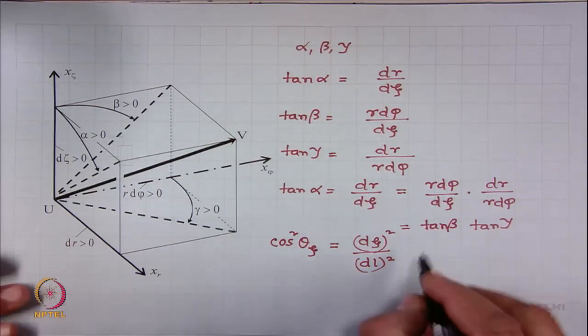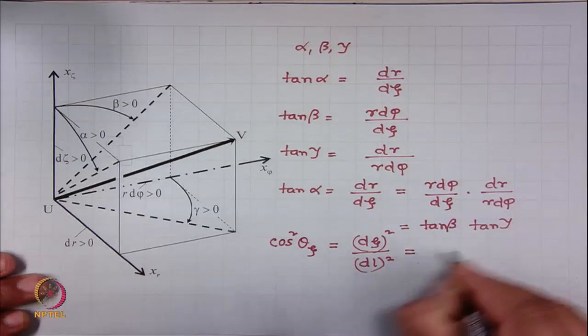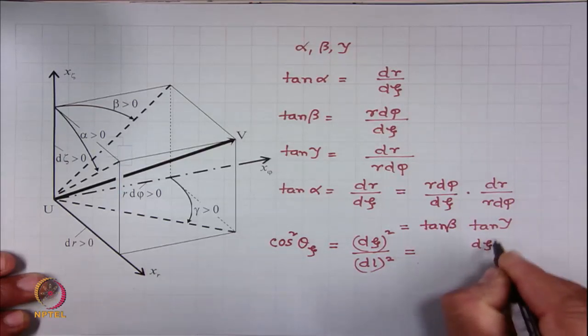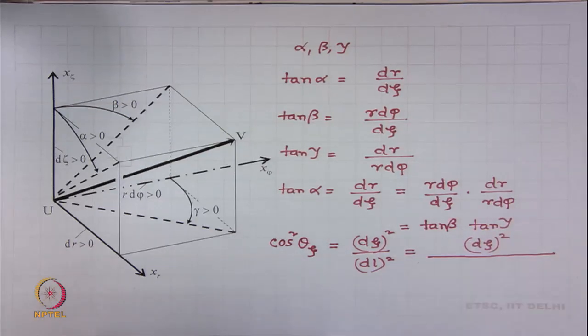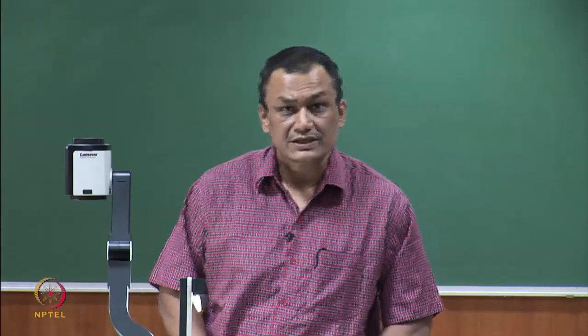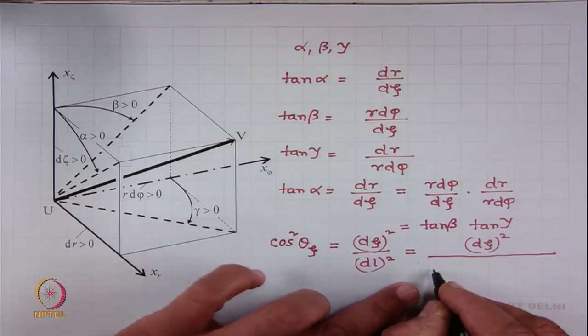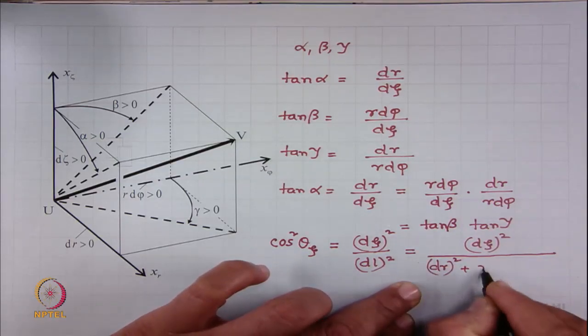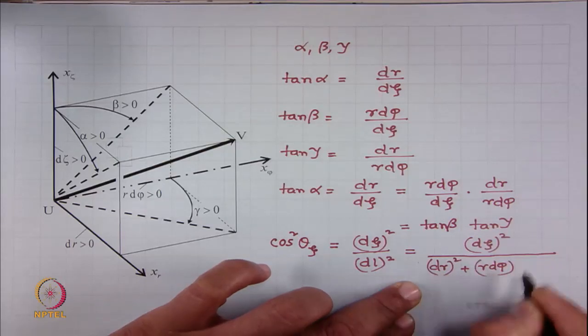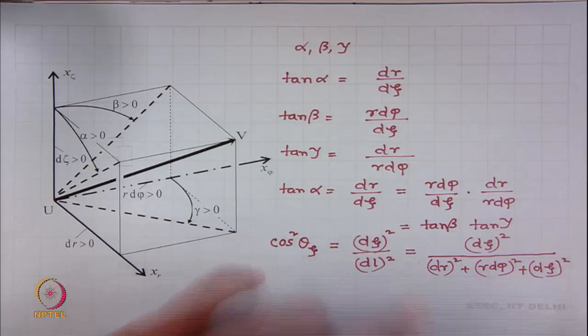Now, what was dl square? In the last slide we derived dl square is dr square plus (r d phi) square plus d zeta square.